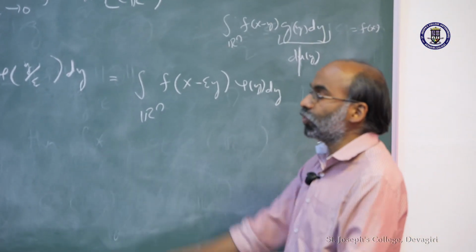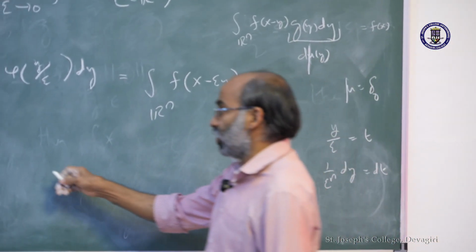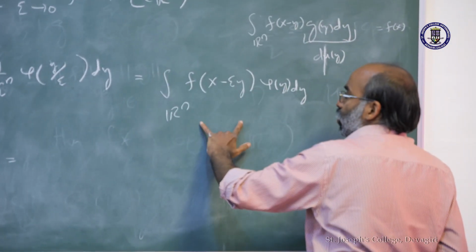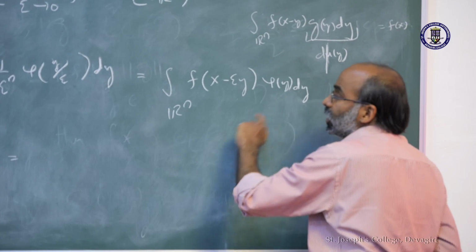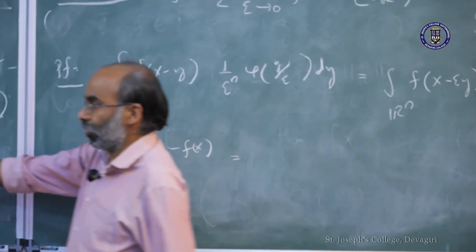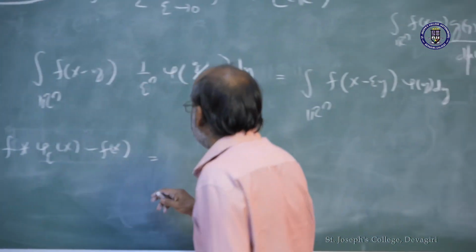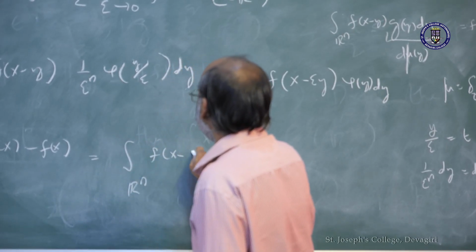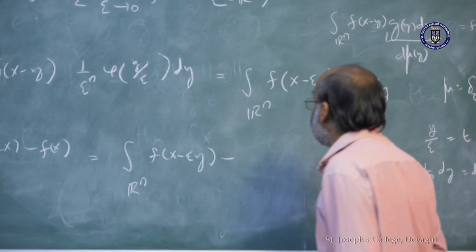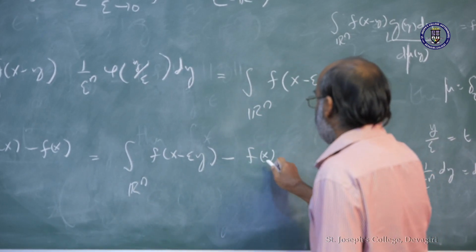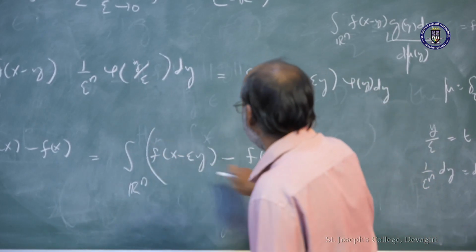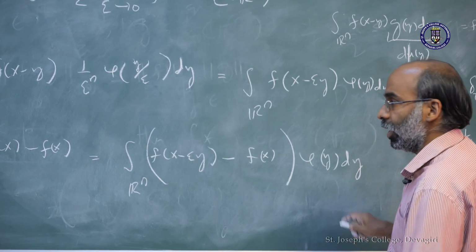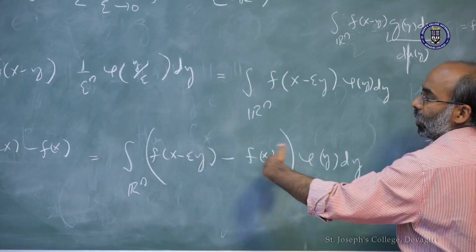Remember, phi has the property that its integral is 1. So, I can write this as the integral over Rn of f of x minus epsilon y minus f of x, phi y dy. The x has nothing to do with the integration, because the integral of phi y is 1, so f of x comes out. So, this can be written in this way.